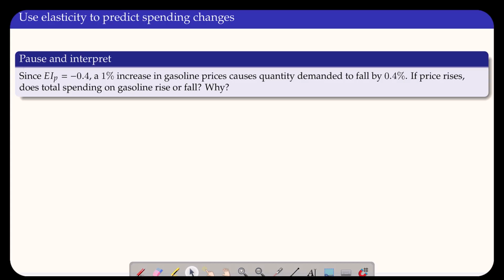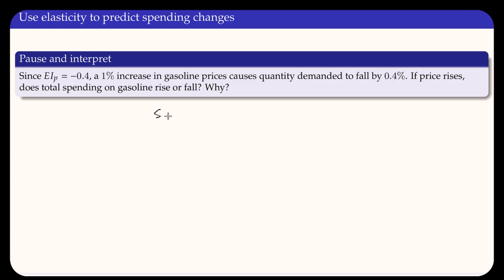Suppose we have a price elasticity of negative 0.4. A 1% increase in gasoline prices causes quantity demanded to fall by 0.4%. That's what we concluded on the previous slide. If price rises, does total spending on gasoline rise or fall? Why?